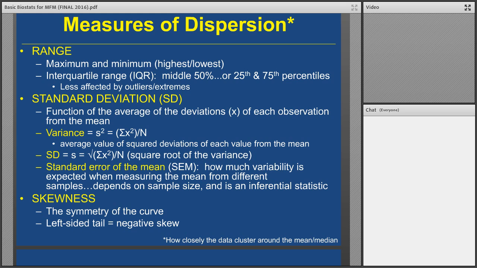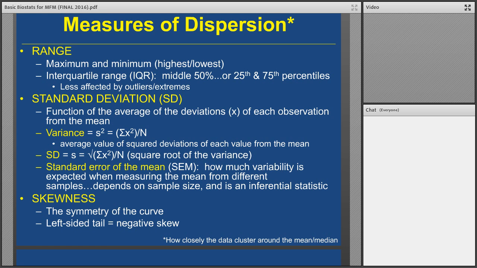And then the difference between standard deviation and standard error of the mean is that standard error of the mean is the variability that's expected when measuring the mean from different samples. This is an inferential statistic that really depends on sample size.